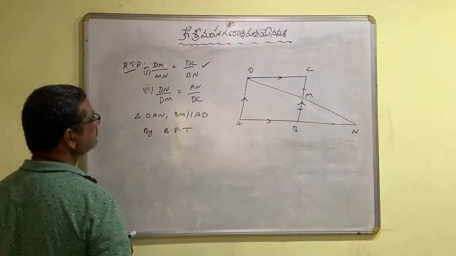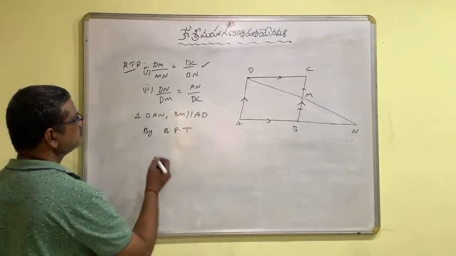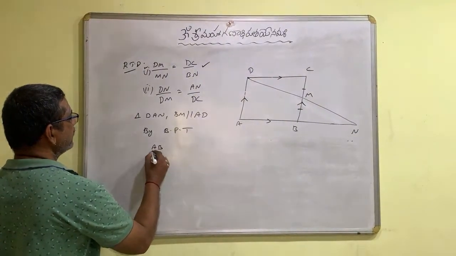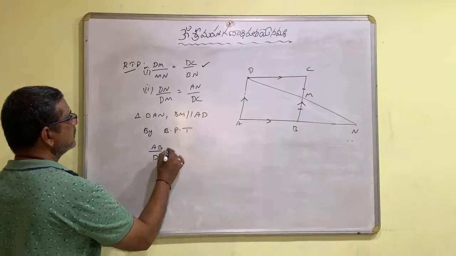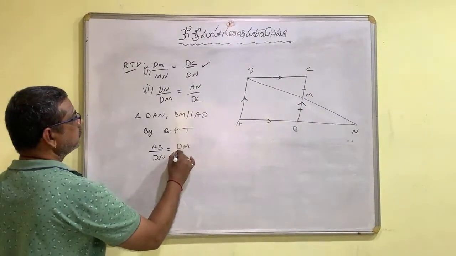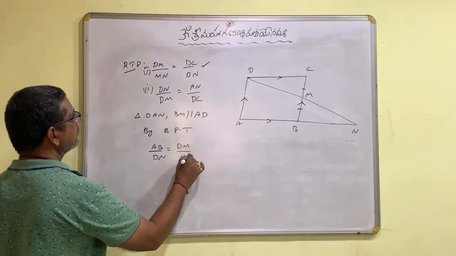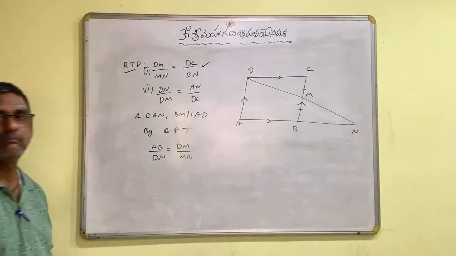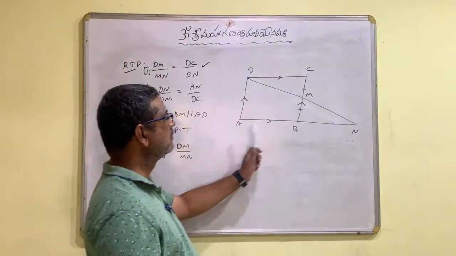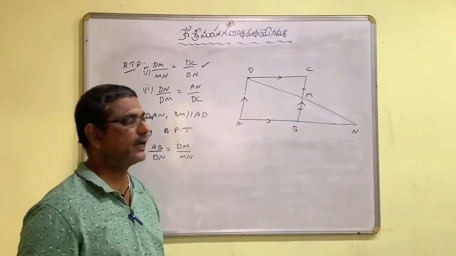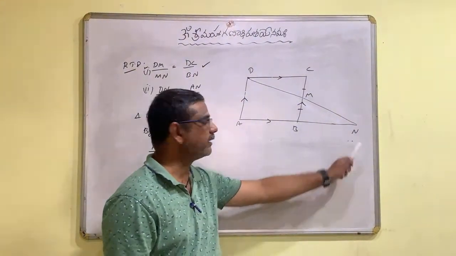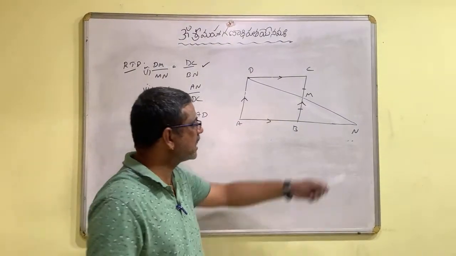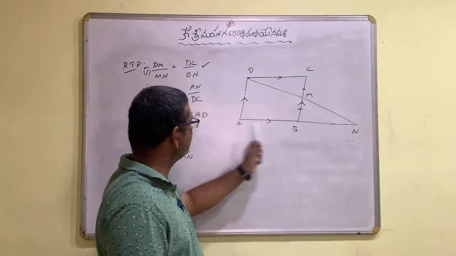What can we write? AB by BN is equal to DM by MN. Now we use the inverse, as I told in the corollaries.